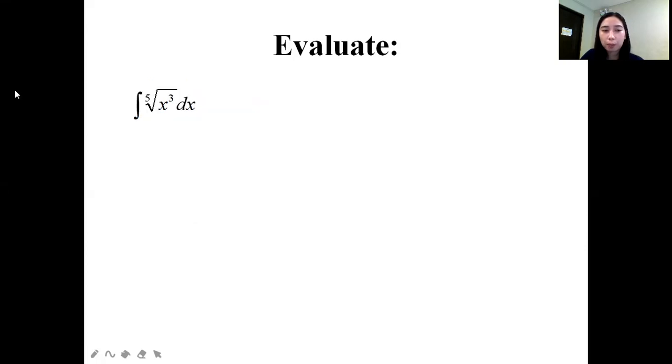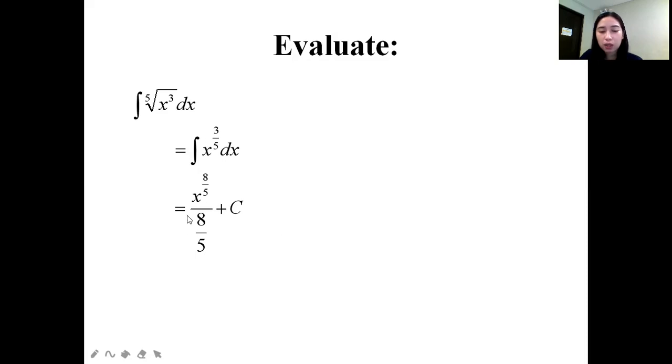So for our next example, the integral of the square root of the fifth root of x cubed dx. So the integral of x to the 3/5 dx, using the simple power formula, n plus 1, 3/5 plus 1 is 8/5, since 3 over 5 plus 5 over 5 is 8/5, over 8/5 plus c.